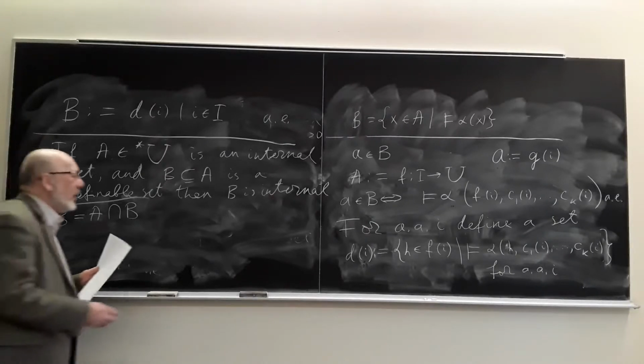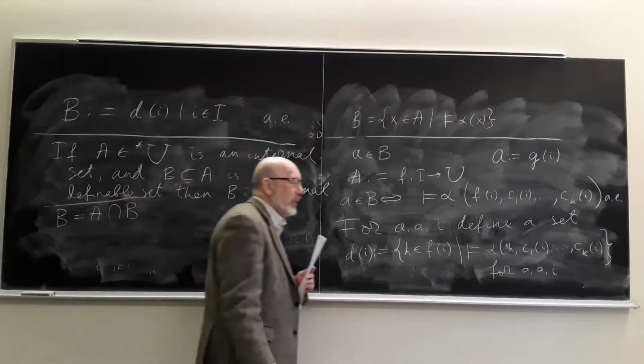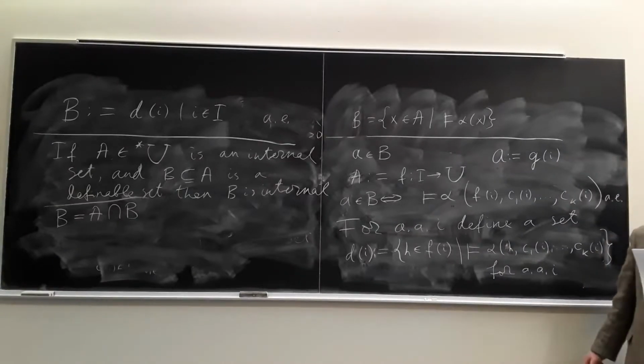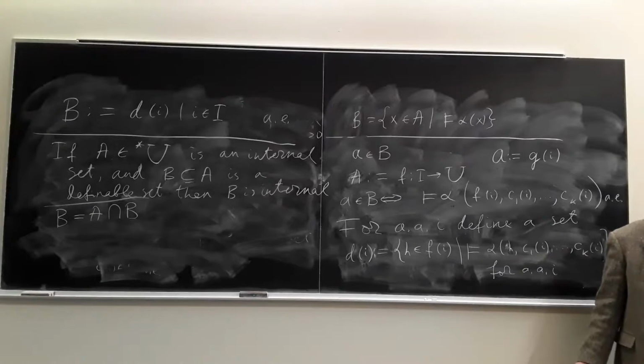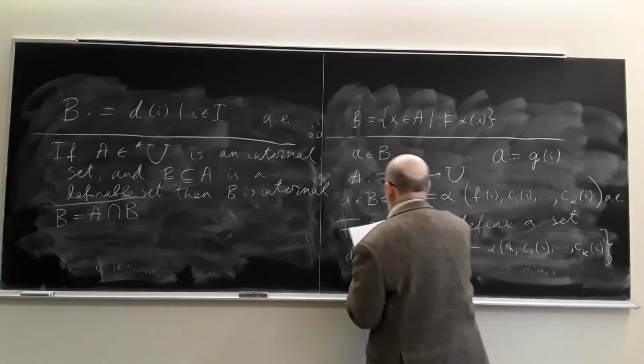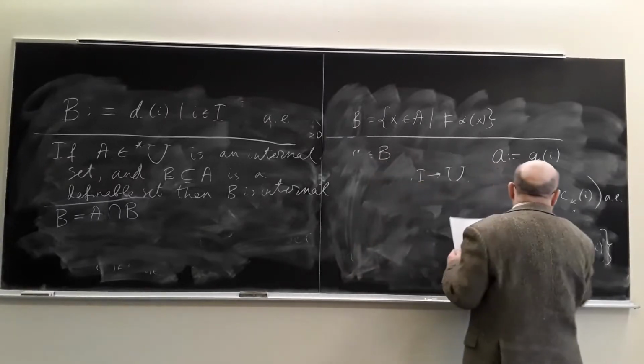Now I want to prove what I did not prove last time. We proved that the set of infinite integer numbers is external. But what about finite? I already gave some reasoning, but here I can give it more shortly.